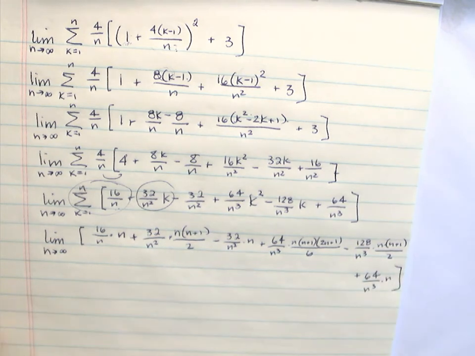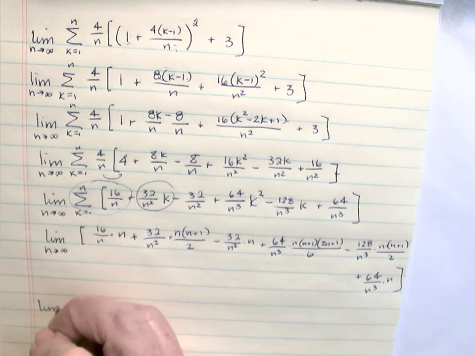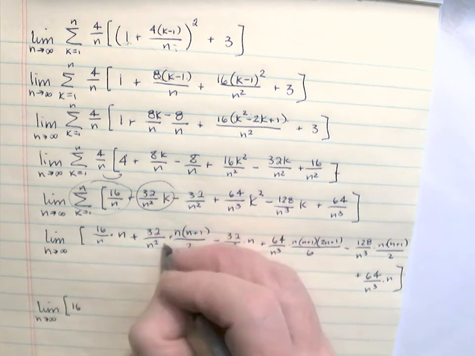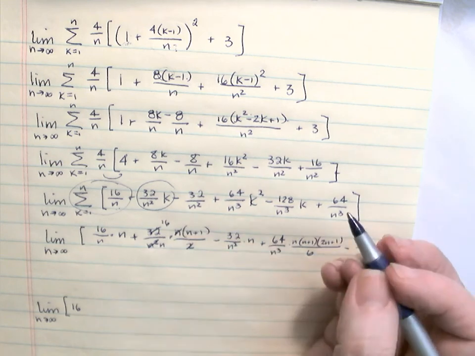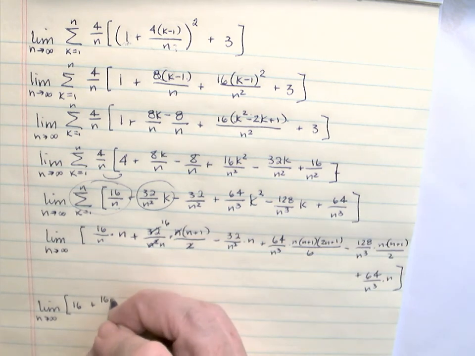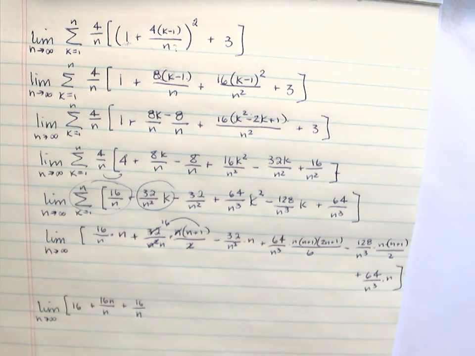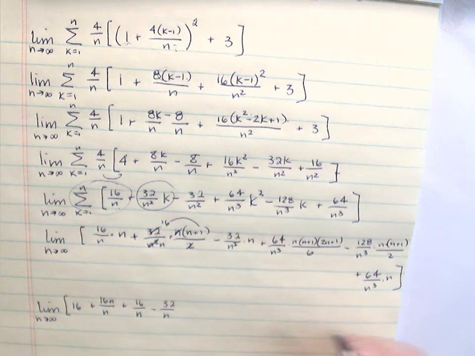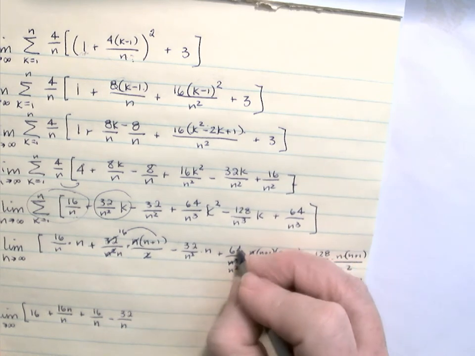Okay, right away, here's what I know. If I take the limit as n approaches infinity, let me clean this up a little bit. So we're looking for the limit as n approaches infinity. The first term is just 16. The second term, I'm going to cancel out an n, cancel 2 into 32. So that will leave us with 16n over n plus 16 over n minus, this will give us 32 over n. Our next term is going to give us, this becomes 3, this becomes 2.